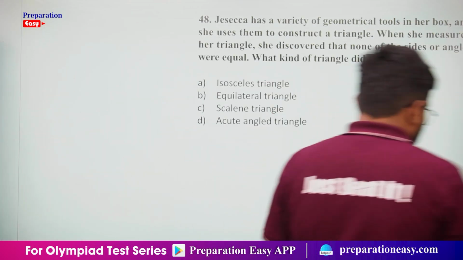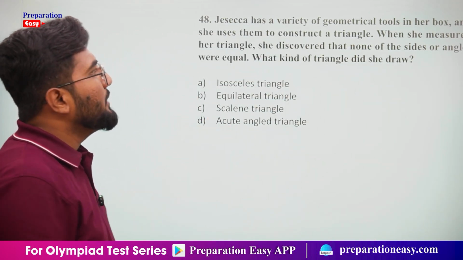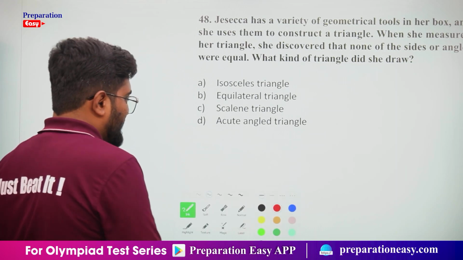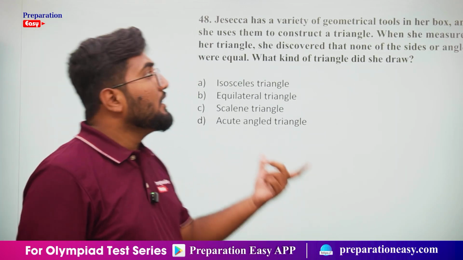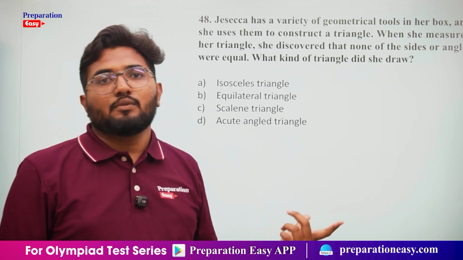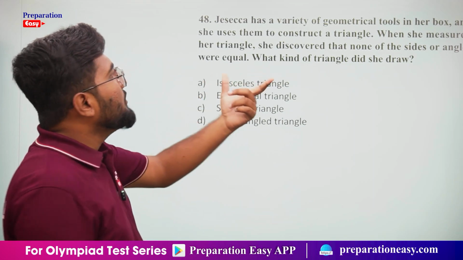Next question, 48. Jessica has a variety of tools in her geometry box, like a protractor, compass, and ruler, and she uses them to construct a triangle.